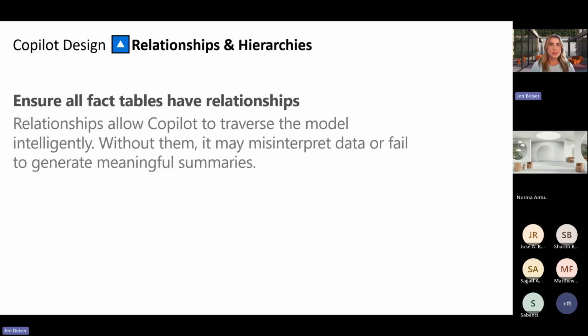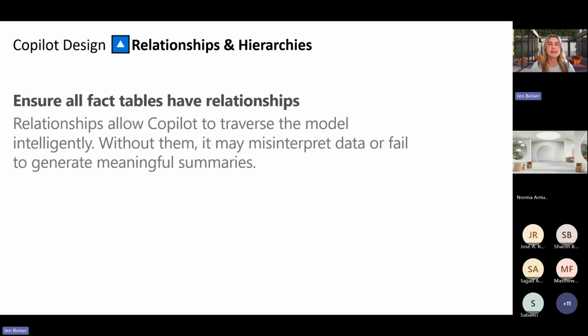Next, relationships are really important. Just like end users can understand the relationships between tables. So, for example, I have a sales table, I have a customer table. The customer must be participating in the sales. The customer must have bought something, and you know that by default when you have a customer table and a sales table.